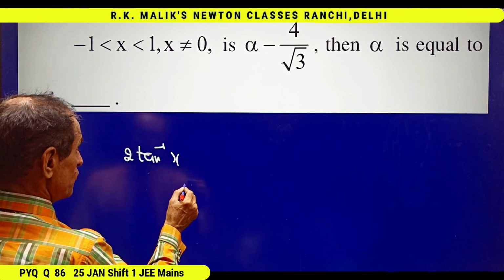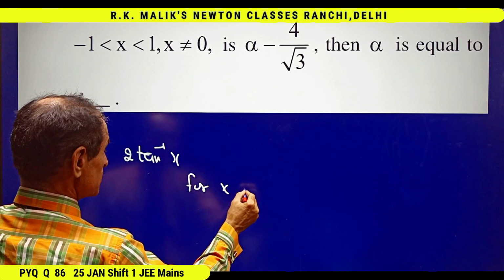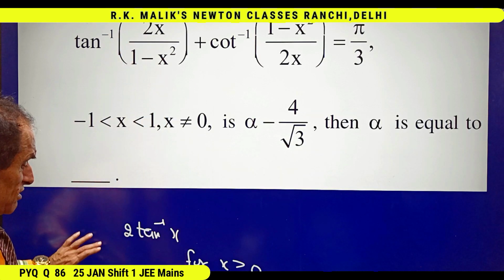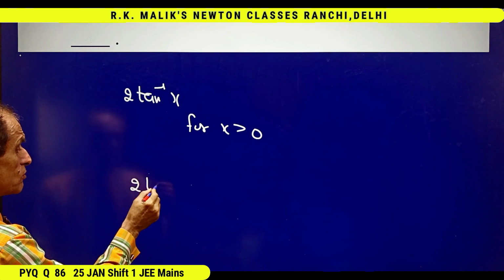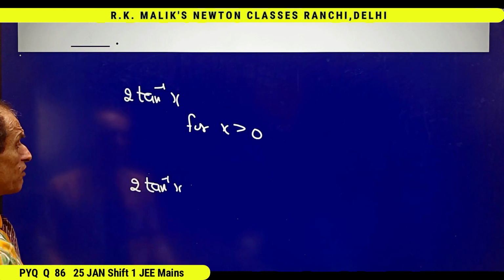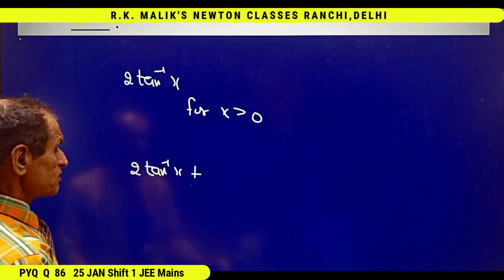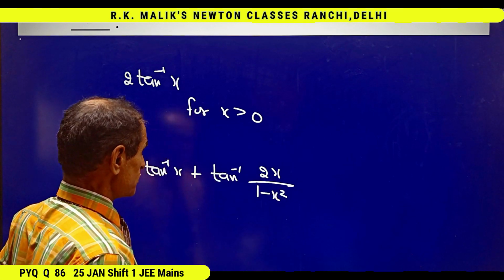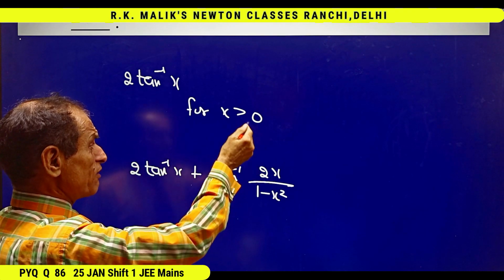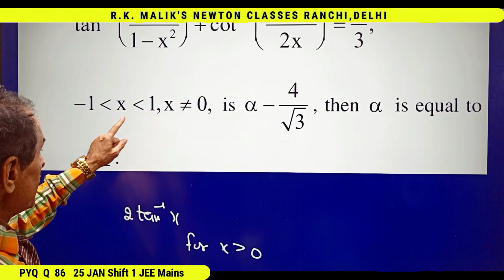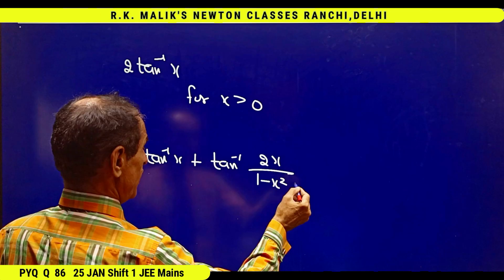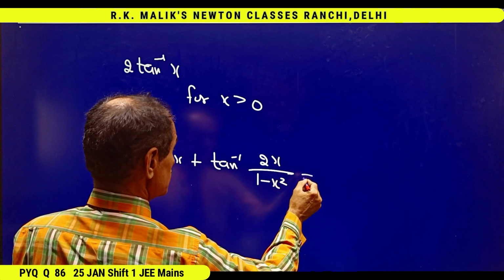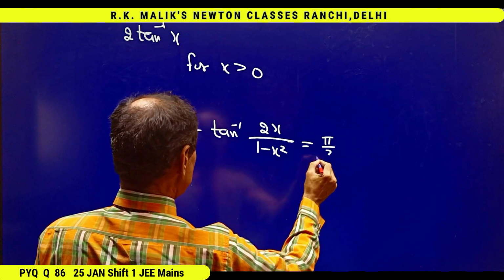Therefore, for x greater than 0, it is already 2 tan inverse x. Therefore, it is 2 tan inverse x plus tan inverse 2x upon 1 minus x square. Note that I have taken x greater than 0 and x less than 1 is already given to us.